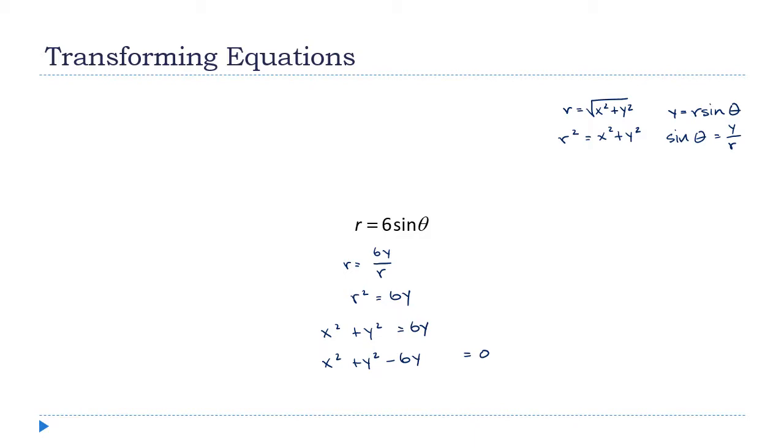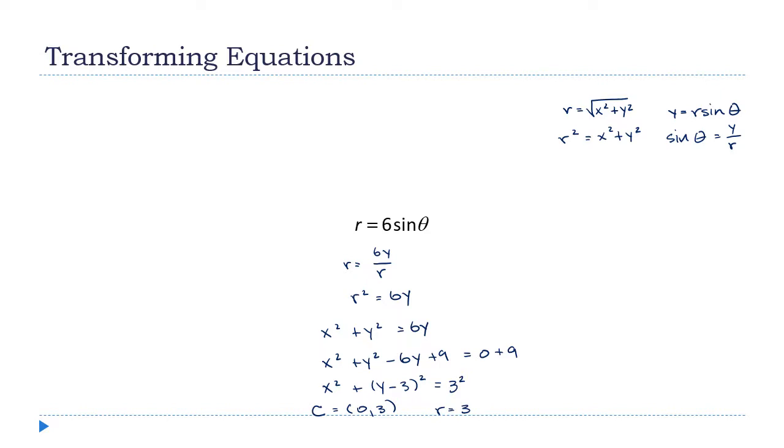Okay, so let's take this a little further. I want to find the center and the radius of this thing. You remember how we do that. I'm going to complete the square here. So I'm going to add 9 and add 9, and this becomes x squared plus (y minus 3) squared equals 3 squared. So this is a circle whose center is at (0, 3) and whose radius is 3.